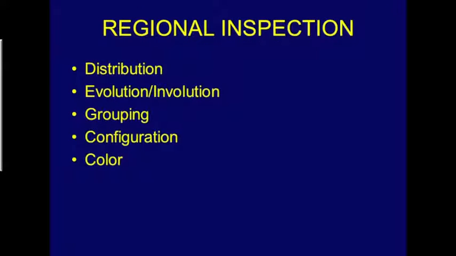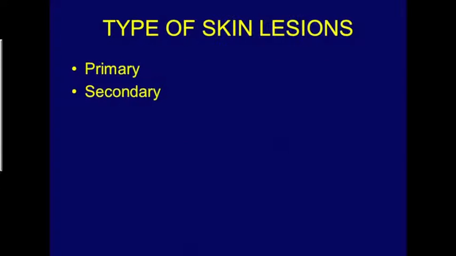Regional inspection would include the distribution, the evolution or involution of the lesions, the absence or presence of grouping, the configuration, and certainly the color. These are all things that run through your mind, but things that you really have to be able to determine so that you can describe the lesions.